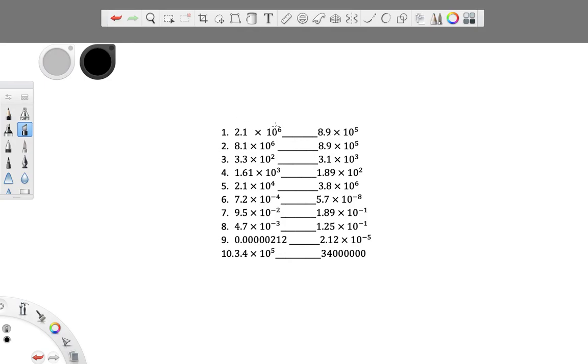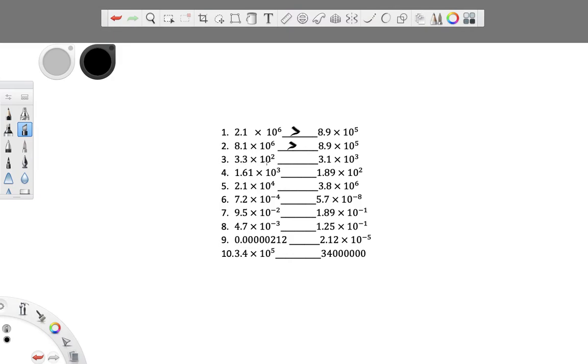Well, we consider the powers of 10. 10 to the 6 is 10 times larger than 10 to the 5, so the 2.1 times 10 to the 6 is the larger number. 8.1 times 10 to the 6, is that bigger or smaller than 8.9 times 10 to the 5? Well, again, the power of 10 to the 6 is larger, so it's greater.